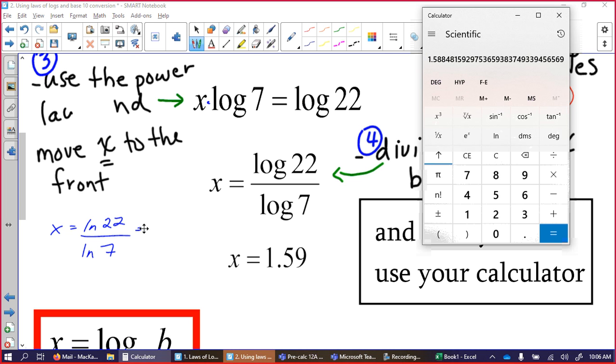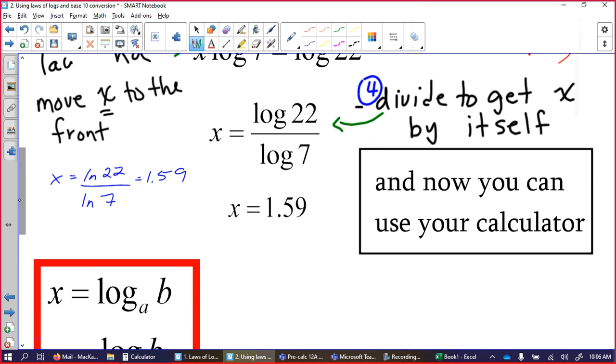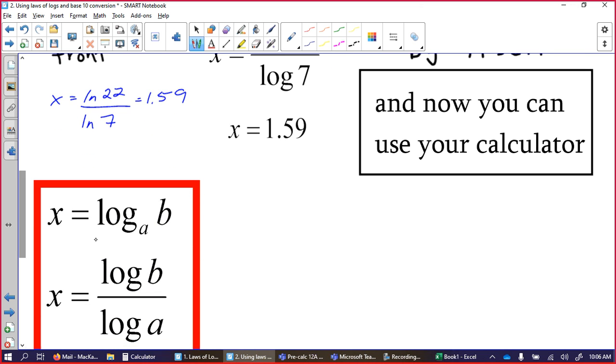You're going to run into some people and some books, if you keep going, that use the natural log more commonly. So if x is log base a of b, x is the log of b over the log of a, or the ln of b over the ln of a.